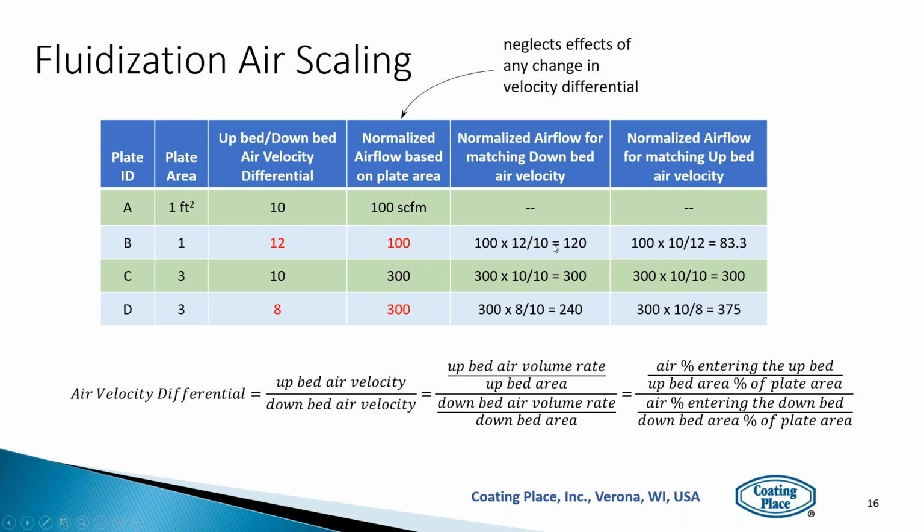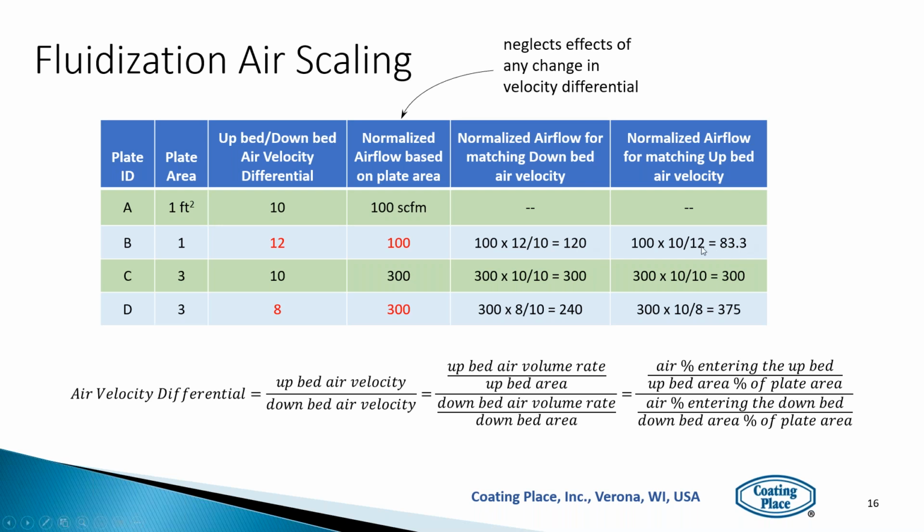The best way to address that is to adjust for the velocity differential. If we want to scale to the down bed, we multiply the original airflow by the new velocity differential over the old, and 120 CFM would give an equivalent performance in the outer bed.